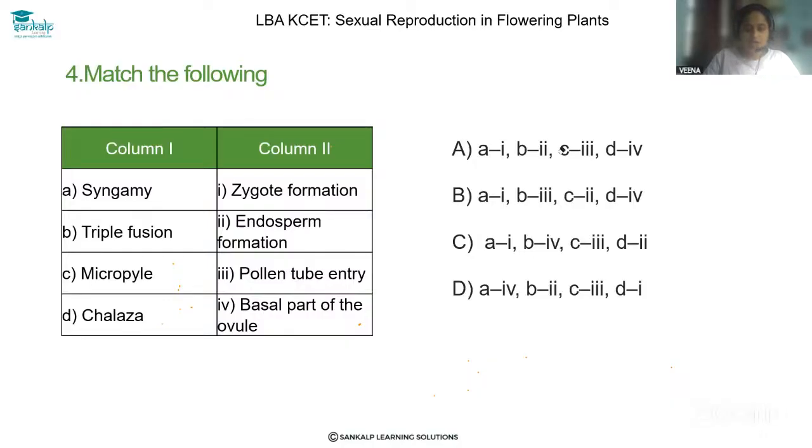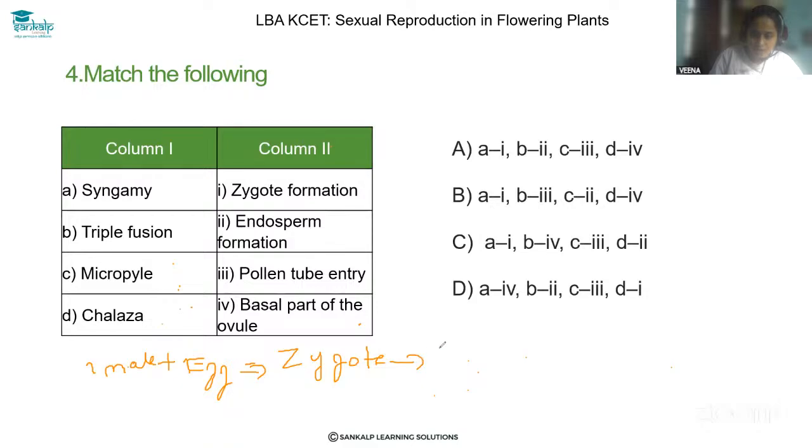So the first one is syngamy. Let me explain what is meant by syngamy. Syngamy is a process of fertilization only. What happens in the syngamy process? One male nucleus gets fused with the egg, and forms the zygote.